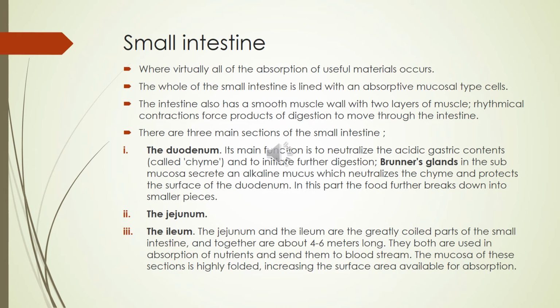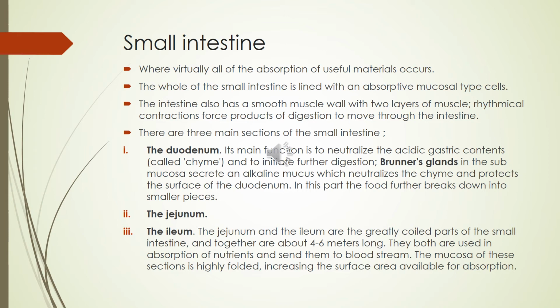In our whole digestive system there is a wave-like movement which ensures the pushing of the food from one part to the next. The similar thing is happening in the small intestine, because again the food is not going to be stored here for a long period of time. From the small intestine it needs to move towards the large intestine, so again we need a wave-like motion so that food can easily be pushed from the small intestine to the large intestine.